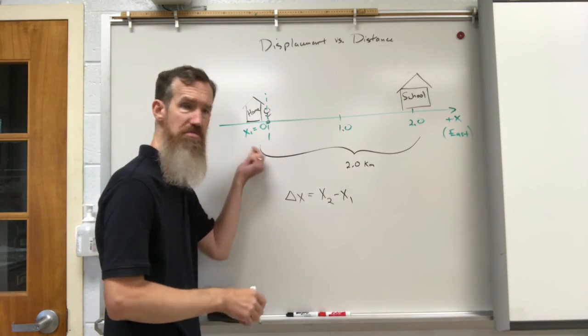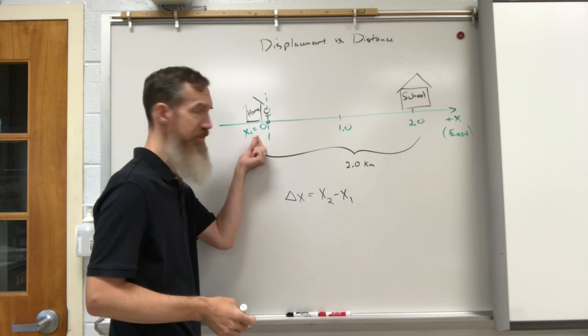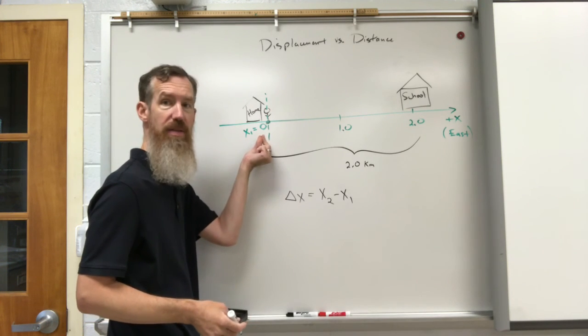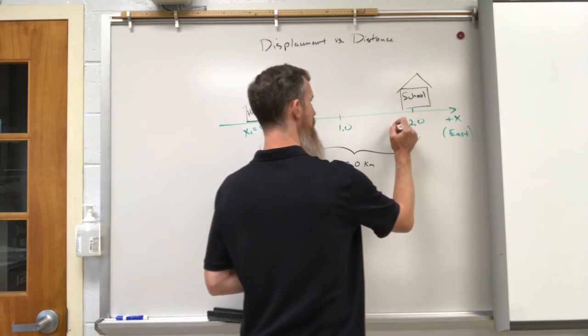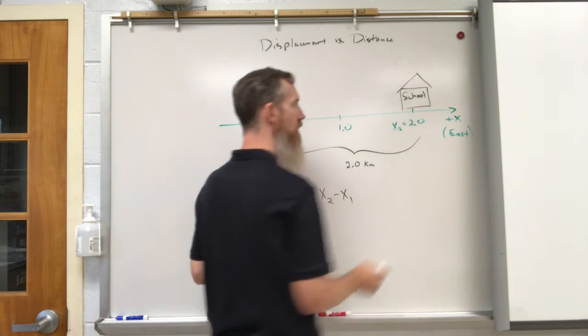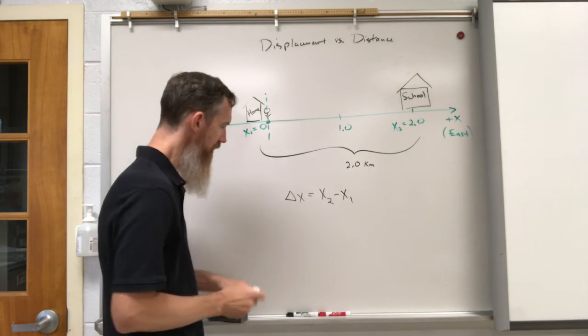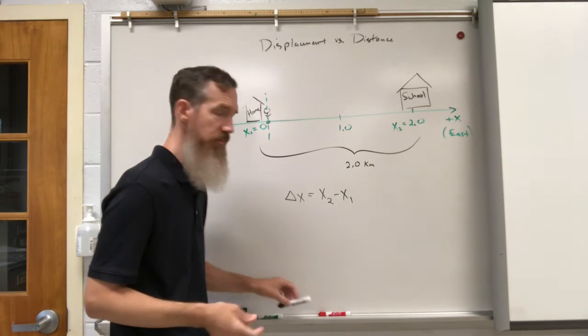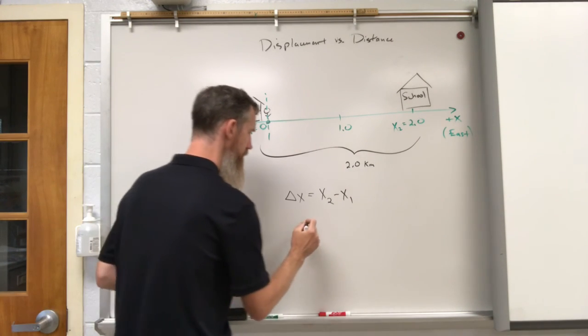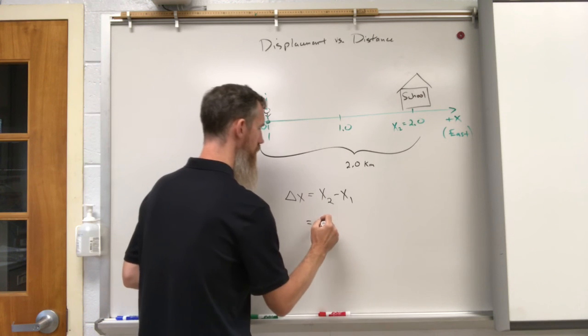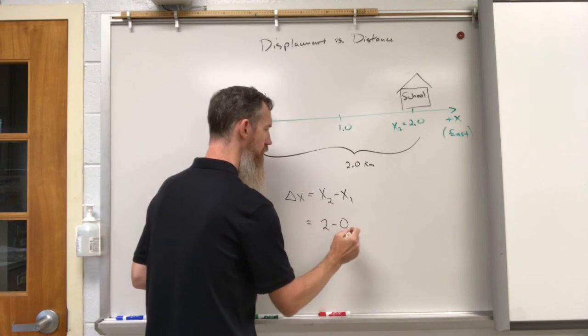So look, in this case, you started at position 1, you were at the origin, and you ended up over here at the 2 kilometer mark. And so the displacement becomes 2 minus 0.